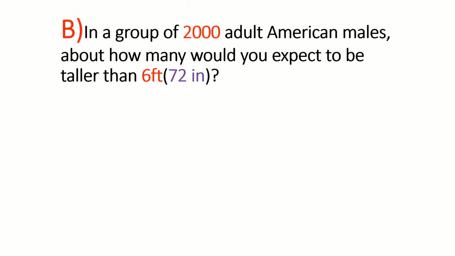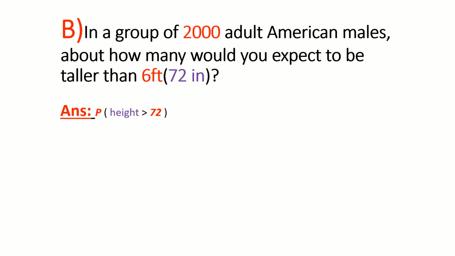From the same problem above, part B: in a group of 2,000 adult American males, about how many would you expect to be taller than 6 feet, which is 72 inches? The probability of a height greater than 72 inches will be the portion which is greater than 72.